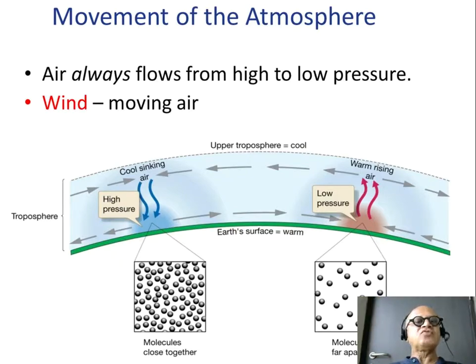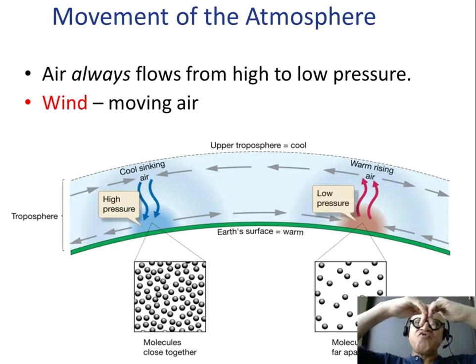Eventually it cools down as it goes away from the warm rising air and keeps losing its temperature to the neighboring atmosphere, becomes heavy enough at some point and gets less buoyant and begins to sink. The sinking air actually compresses and warms up a little, but nonetheless sinking air creates high pressure.